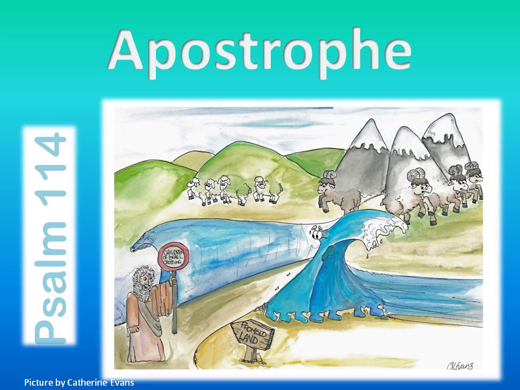In Psalm 114, we have some humorous and vivid examples of this literary device, where we read that the Red Sea looks and flees, and the mountains skip like rams, and the hills like lambs.